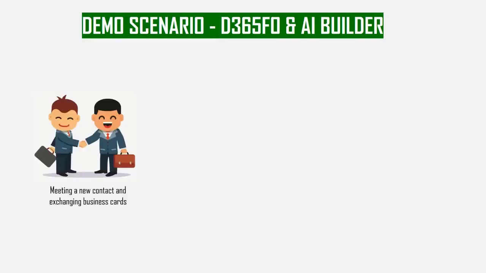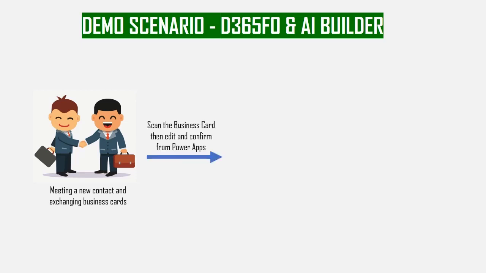And let's move into some demo scenarios, which include the AI Builder. So, an example of meeting a new contact, because normally businesses today are collecting more data than ever before, right? So if you meet a person today, meeting a new contact and exchanging business cards has been the usual go-to, the normal process, right?